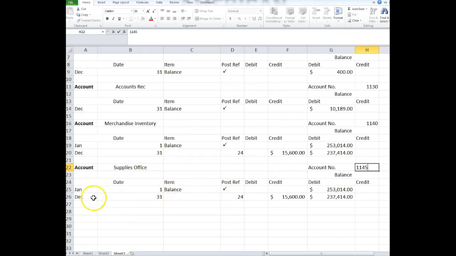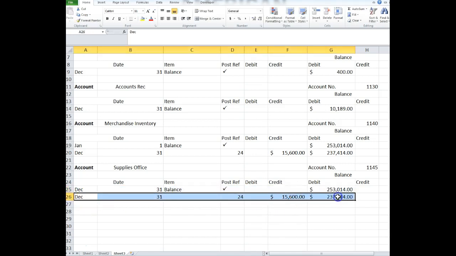So supplies office, December 31st. We're on supplies office. The balance as of December 31st. It's not.